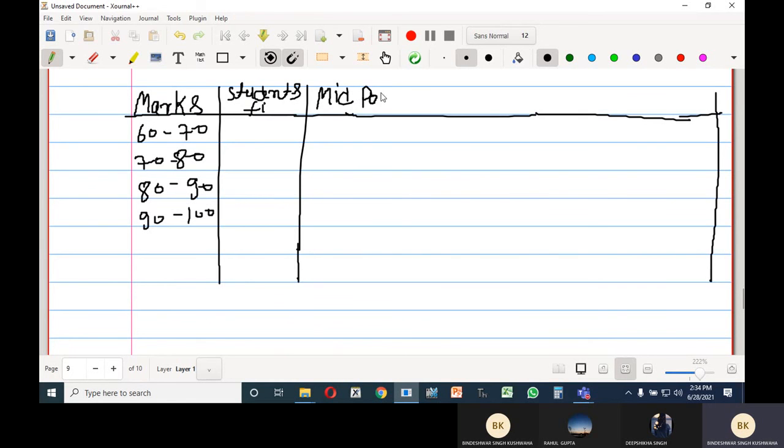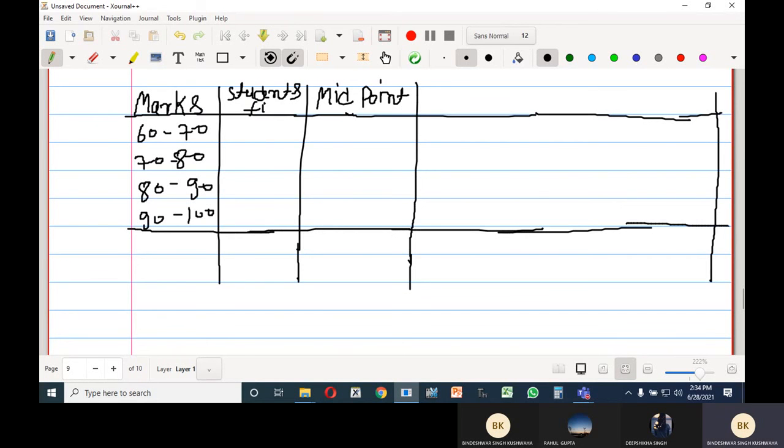Other things would be the same as the discrete frequency distribution. So suppose I have frequency, students, here 2, 1, 3, 1.